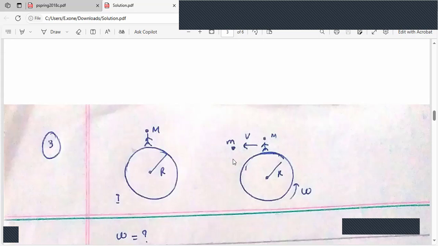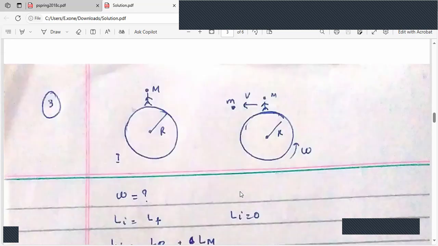From the symmetry of the problem, we can use the conservation of angular momentum here, and we could easily find the angular velocity after that. Angular momentum initially has a value of 0 because there is no rotation around any kind of origin.